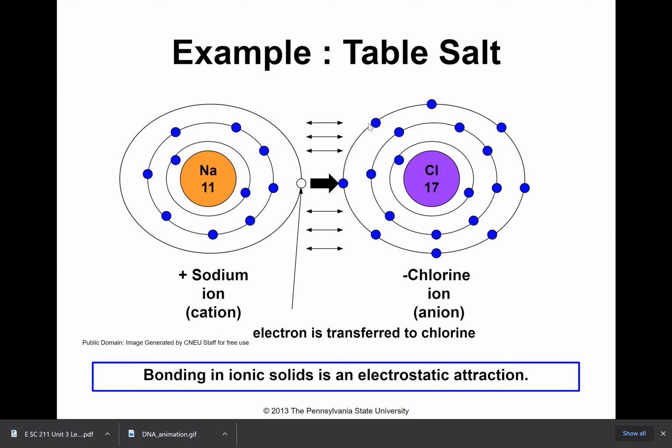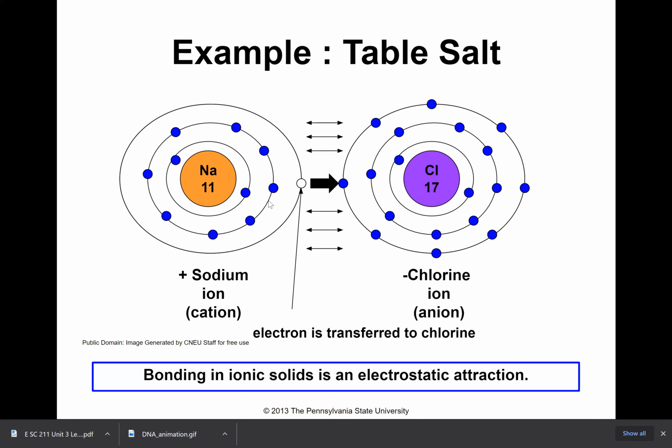Chlorine, on the other hand, has 7 valence electrons in the outermost shell. And when it gains 1 from sodium, it has 8. And then it'll have a -1 charge, right? So I should say for the 10th graders that you might have learned this before, but atoms generally try to get to an octet, 8 valence electrons. That's kind of what almost all atoms want.